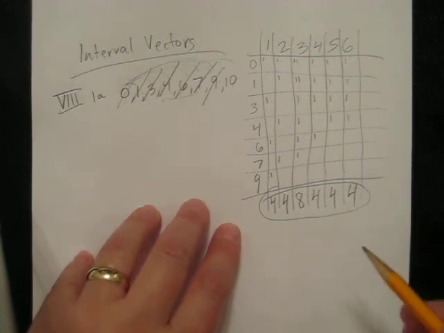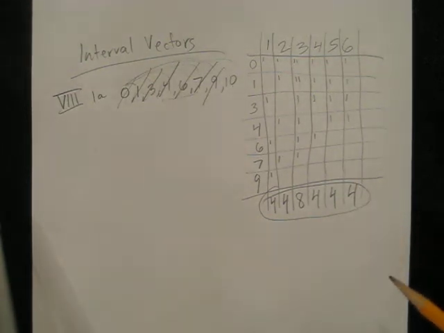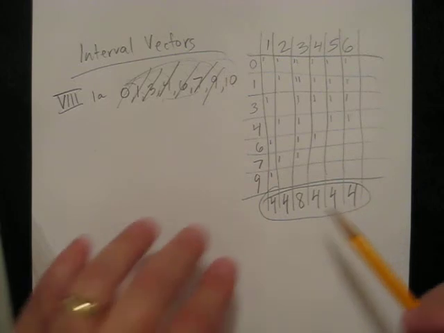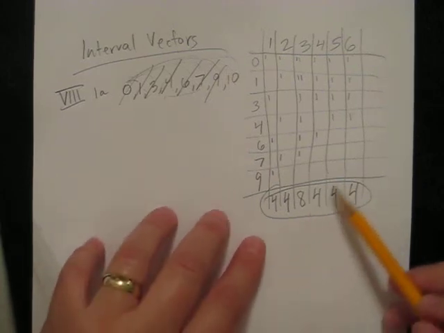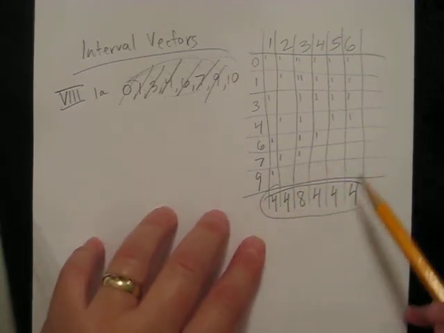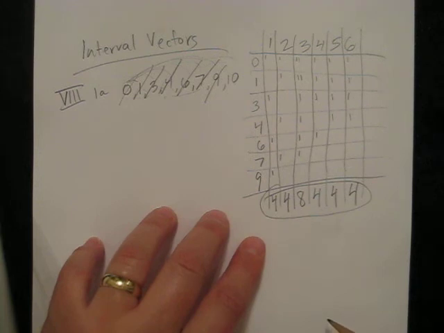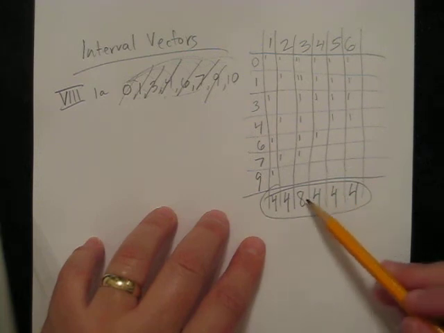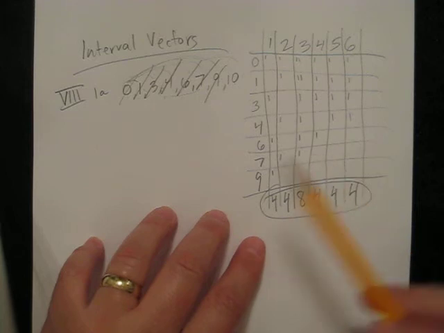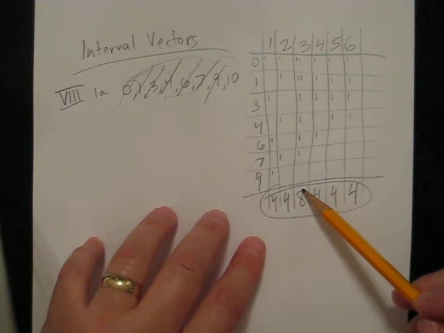This is a very interesting collection because, look how evenly the distribution is of intervals. There are many, many minor thirds in this, okay, with the interval class of 3, which is also 9s, which are major 6ths.